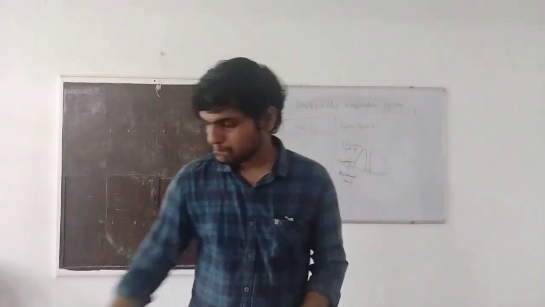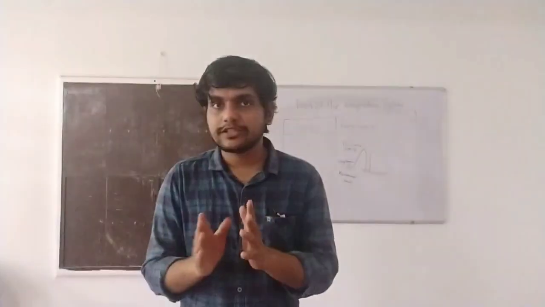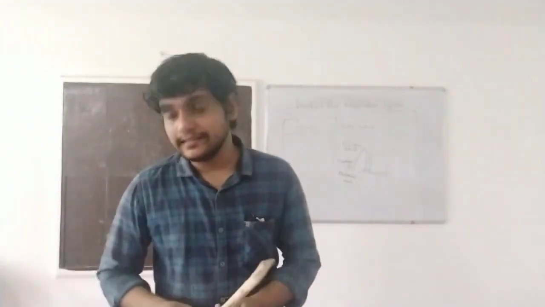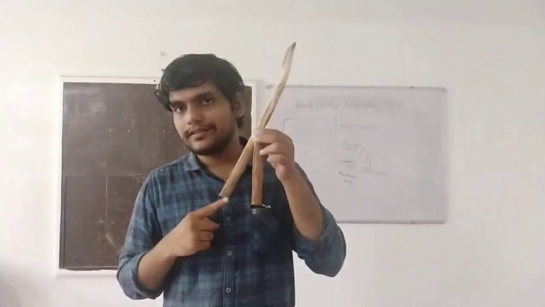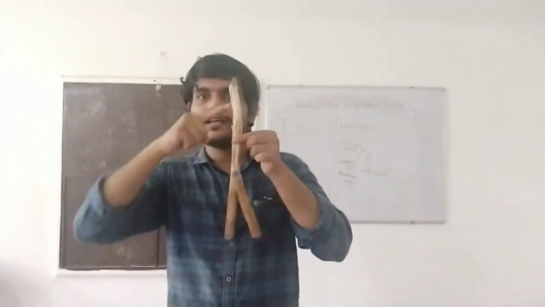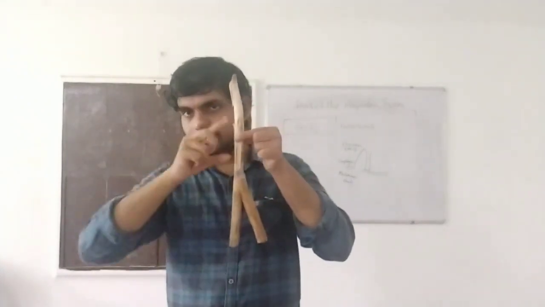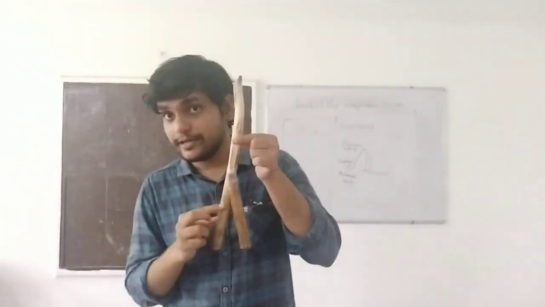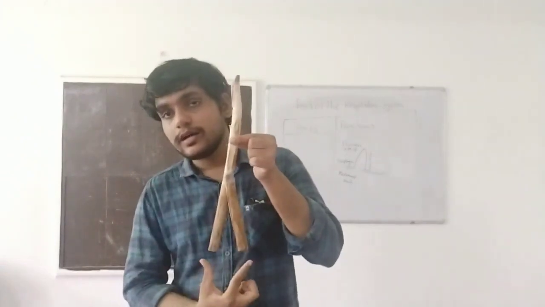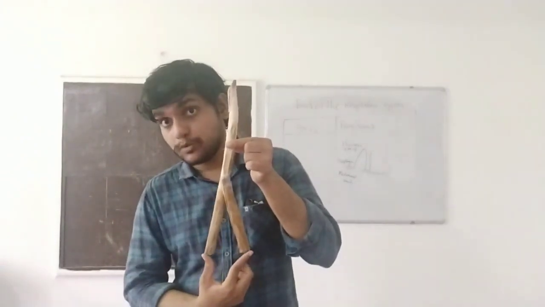Okay, now I will show you the demonstration so that you can easily understand what the trachea is. Okay, so this is the trachea. I made it from sticks so that you can understand. This is the trachea, the cylindrical part where C-shaped cartilages are there. It is divided into bronchus.